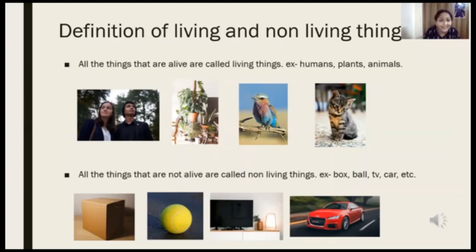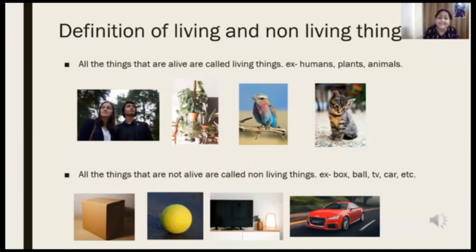They both are living beings because they both have life. Next picture, what can you see, children? A few plants. Plants are also living things. Next one, a bird. A bird is also a living thing. Next one, a small kitten. A kitten is also a living thing.